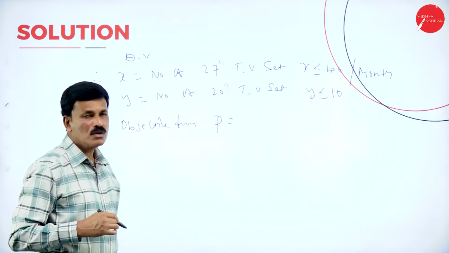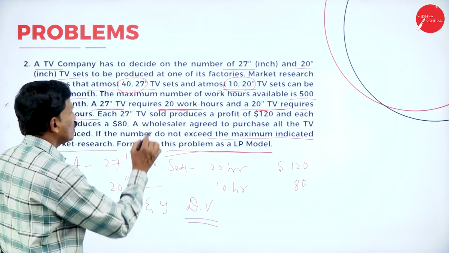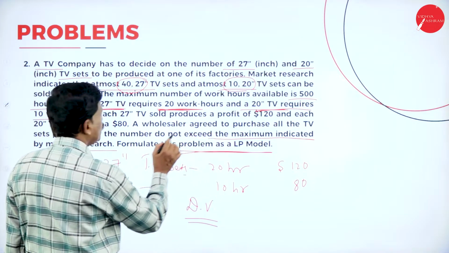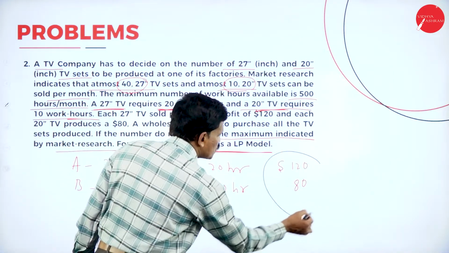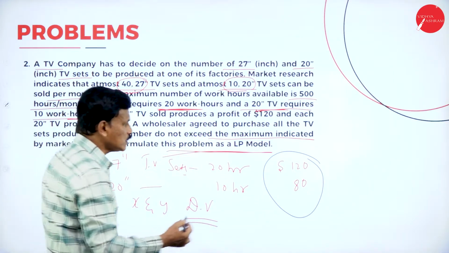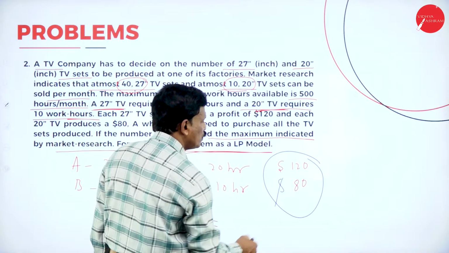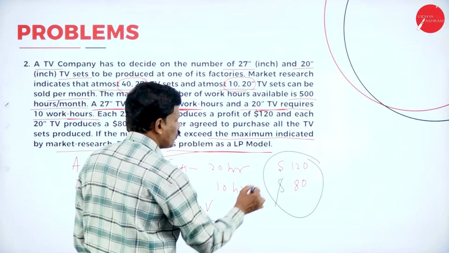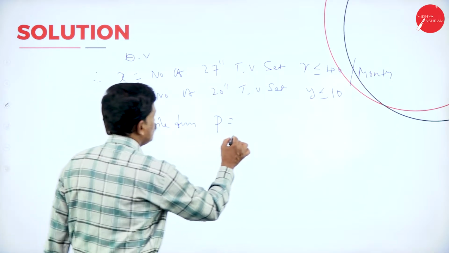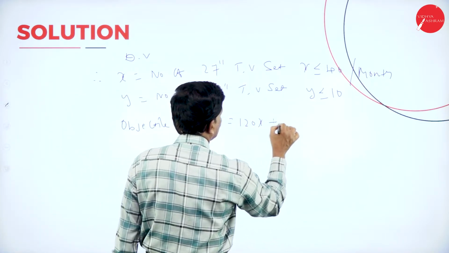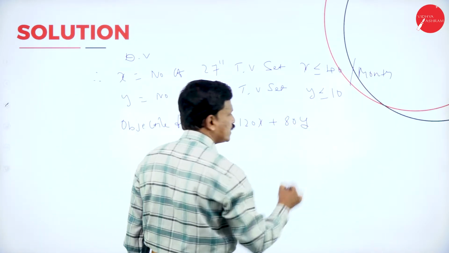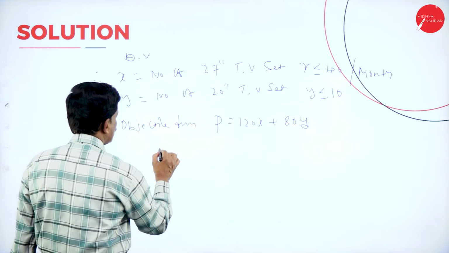P is equal to the profit we are going to get on selling product A, which is US $120, and on selling product B, US $80. So the objective function is P equals 120x plus 80y, and this is to be maximized.